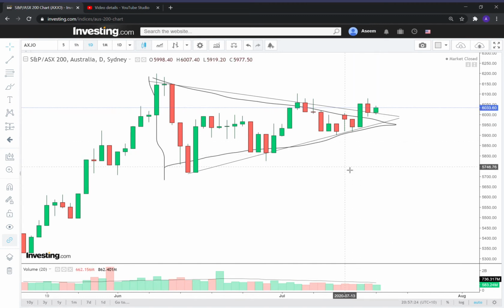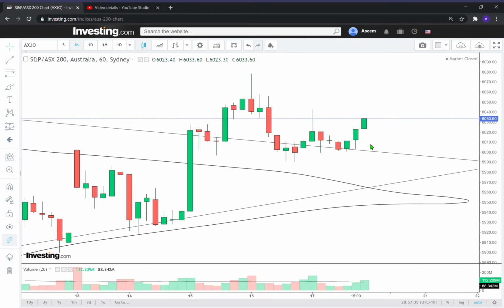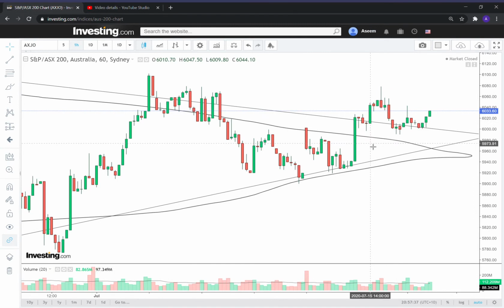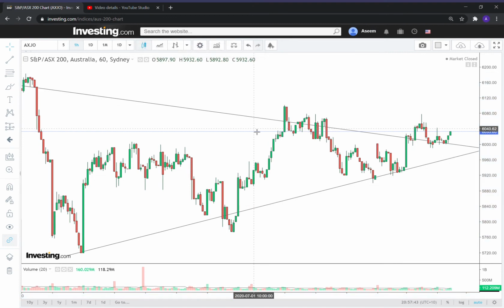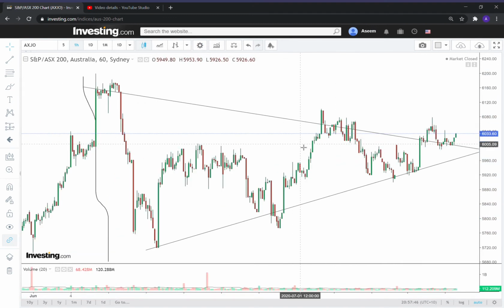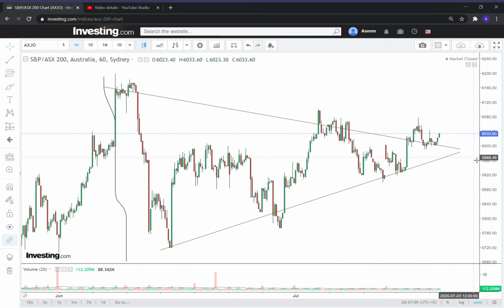So now the question is, if this is forming, let me just move on to the hourly chart so that it is a little easier for us to look at it. If you see this, because that was excluding VIX, we have some of these lines getting overlapped.